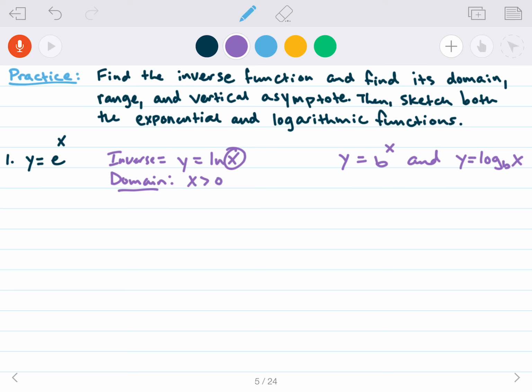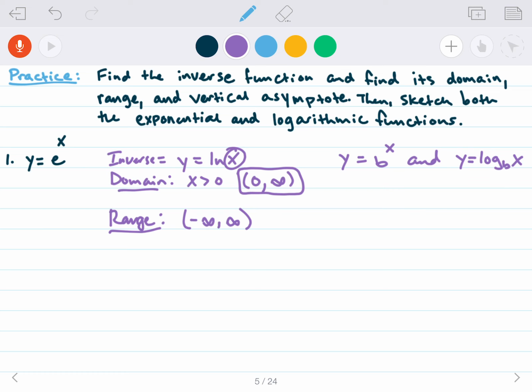And in interval notation, that's going to be we start at 0, but we don't include it, and we go all the way to infinity. So this is our domain here. Now the range, because this is just a basic log function, the range is always going to be negative infinity to infinity with these basic log functions.